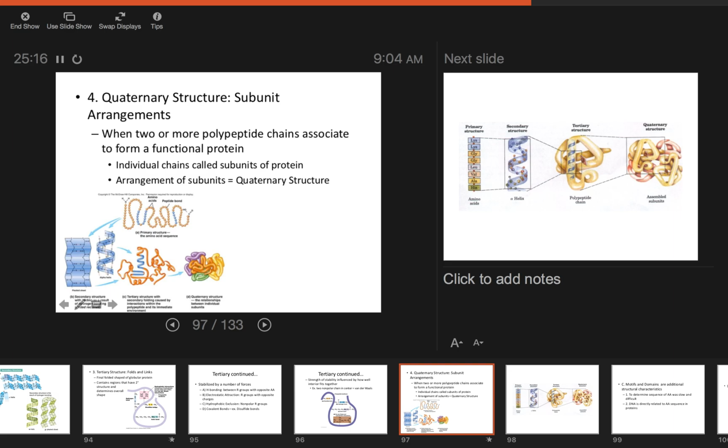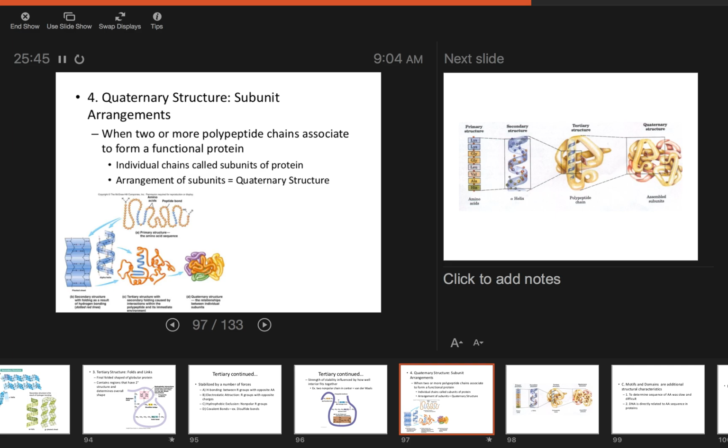But the hydrogens hanging off of the amino acids can interact, and they can form alpha helixes and beta sheets. That just means they can be parallel or anti-parallel. When you look at the tertiary structure, you notice this is running this way, and then it loops around and comes back. That would be a case of anti-parallel, where one's going this way and the other one's going this way.